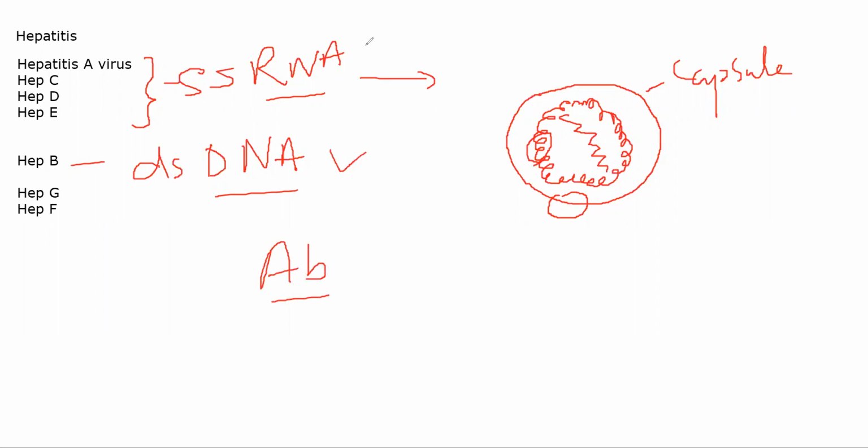Core proteins can act as antigens. Now, an antigen is anything that can trigger an immune reaction. Capsular proteins, RNA, and DNA, all of these will be antigens.